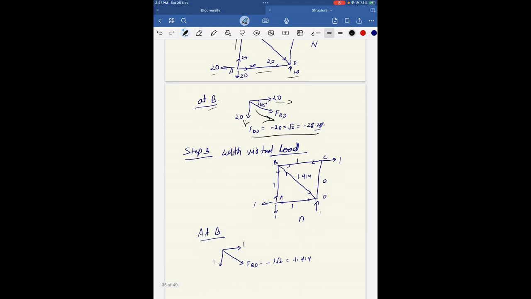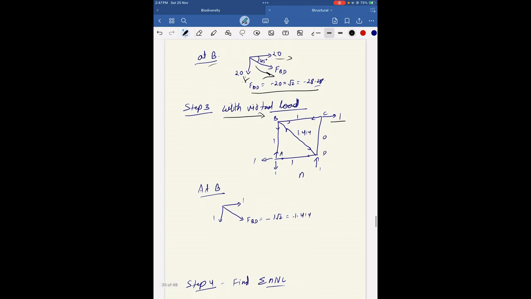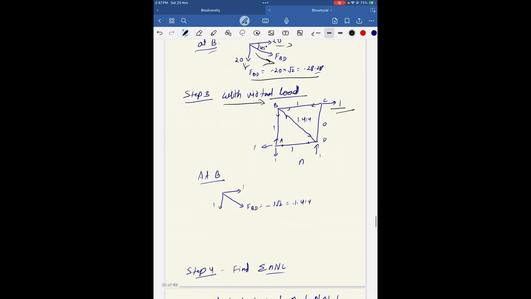If we want to find the horizontal displacement at C, we apply a unit load at C and find the load on each member due to this unit load at C. Then the load on each member comes out according to this diagram.